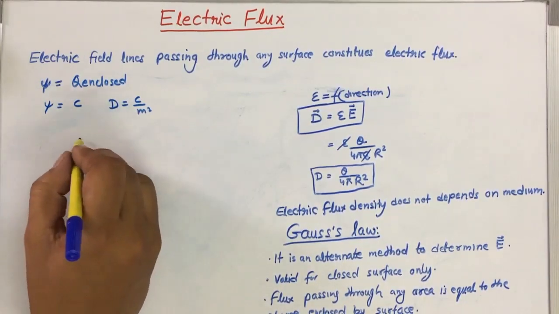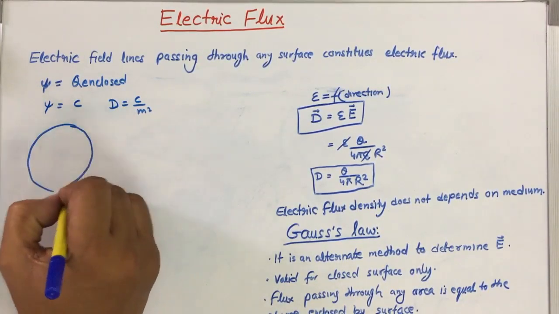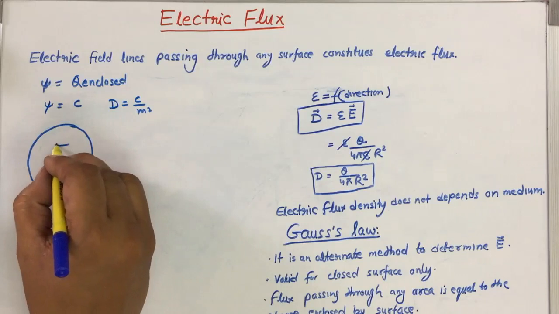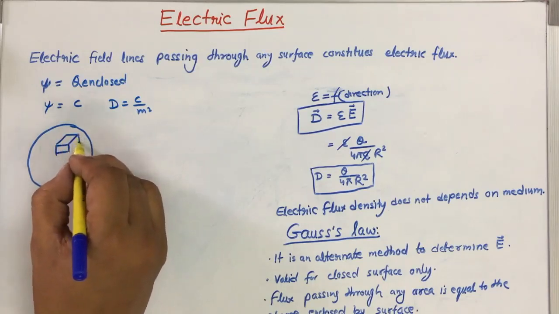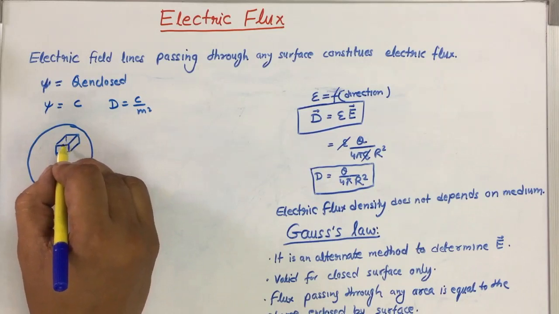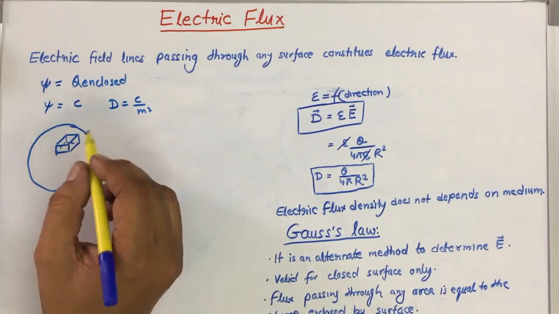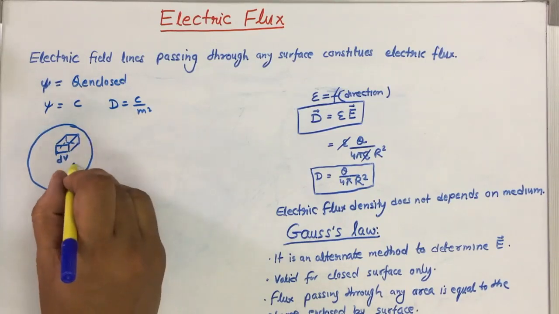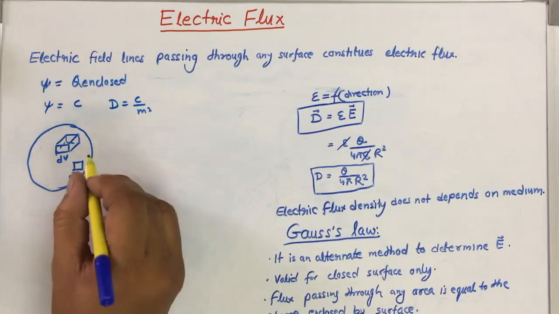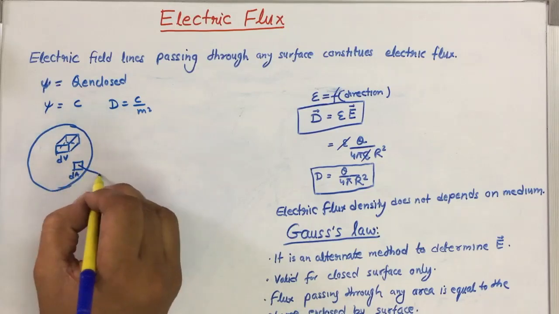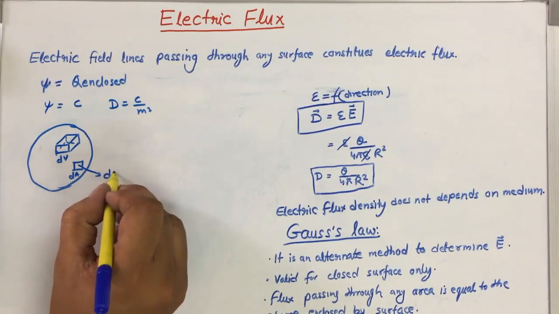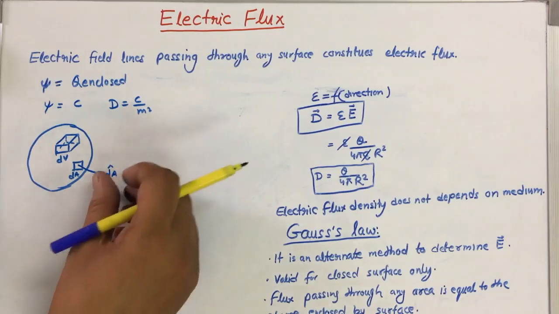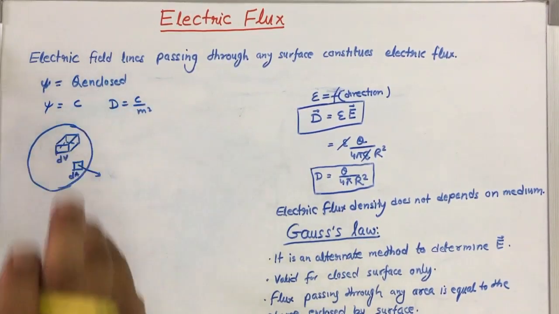Now consider a case where a spherical body is there, and this is the partial volume of the object, and consider a portion that is dA. The normal vector to this will be this dA, it should be aN, by the way.